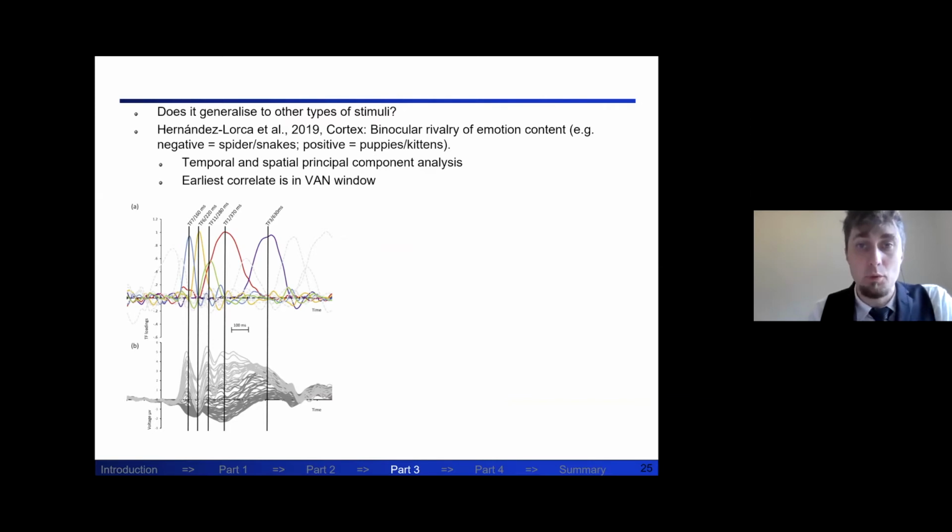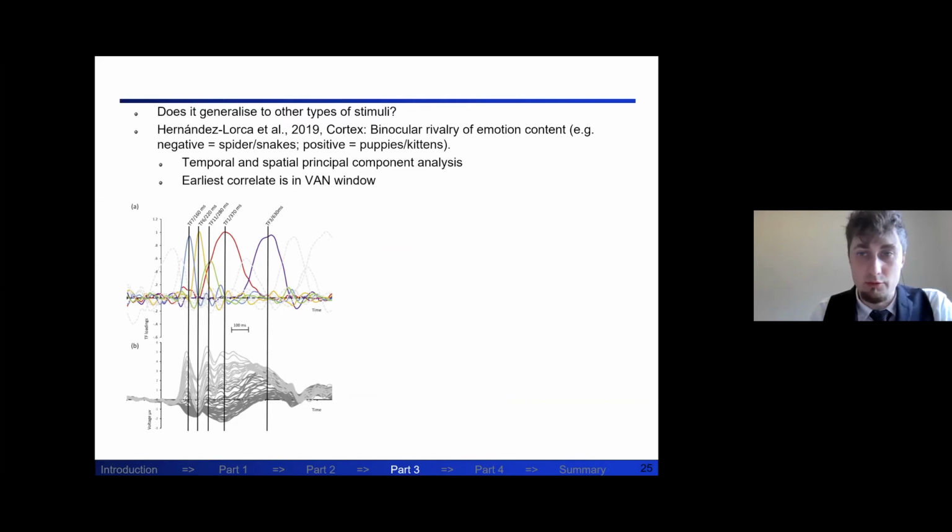Now, we wanted to see if it also generalizes to other types of stimuli. So what we've done so far is just binocular rivalry on these faces and gratings. But a PhD student, Maria Hernandez Lorca, 2019, did this study with us where we used stimuli with emotion content.